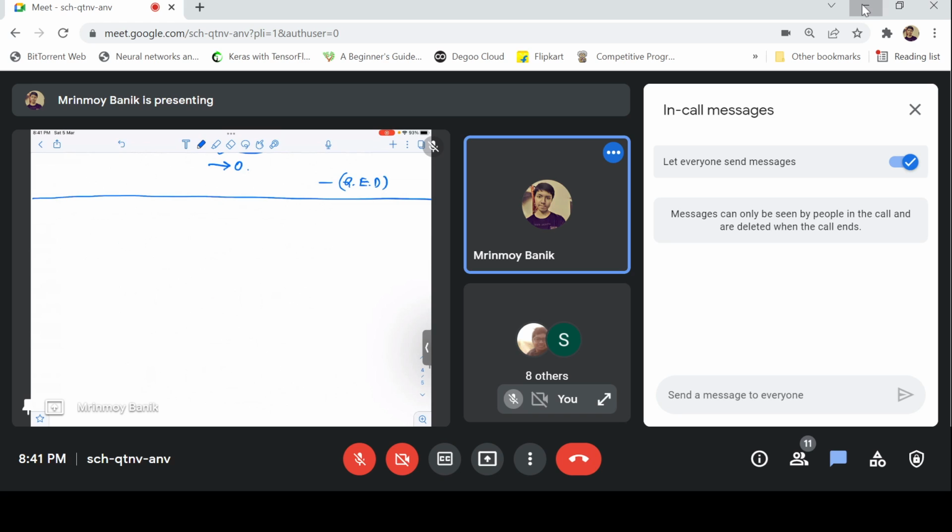Suppose this is some kind of bifurcation, so I'm putting it inside the green box.